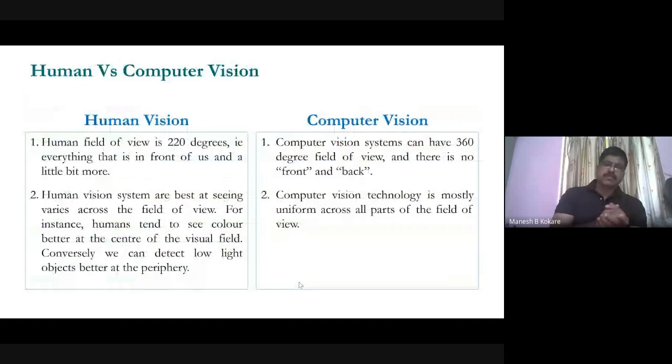And now after that, we'll see the one-to-one difference between the human vision system and the computer vision system. Okay, so you know that for a human being, how many eyes are there? We have 2 eyes, right?